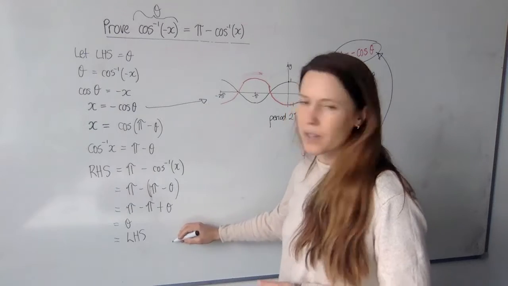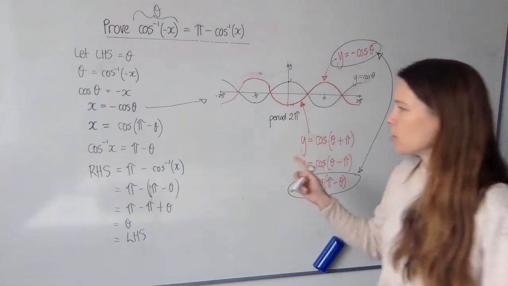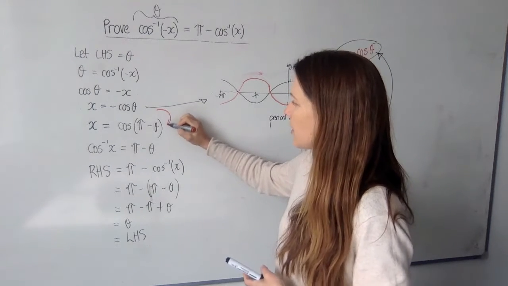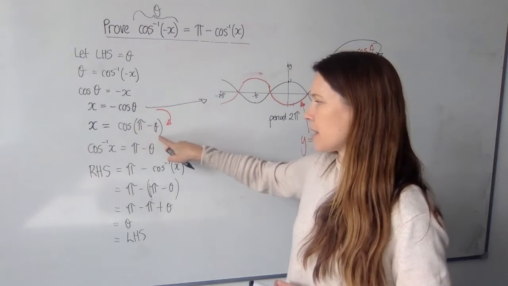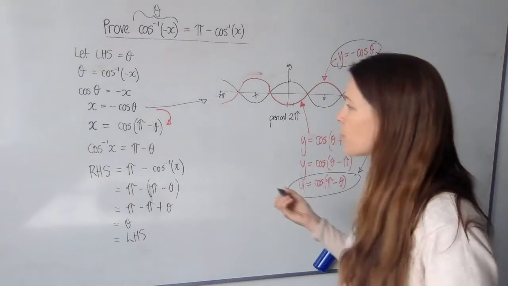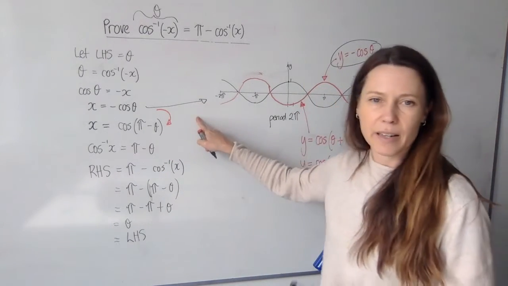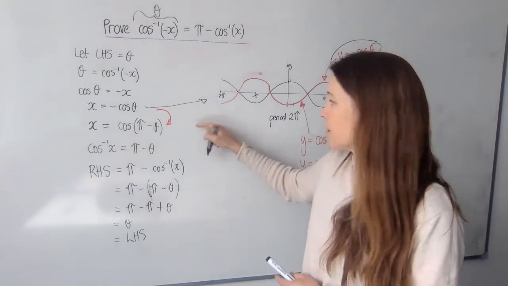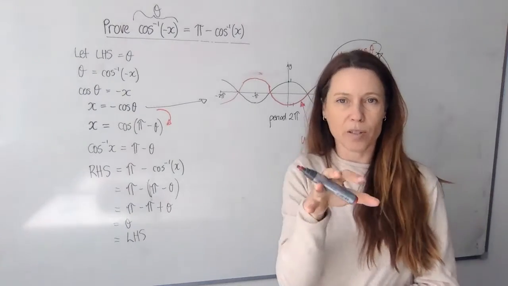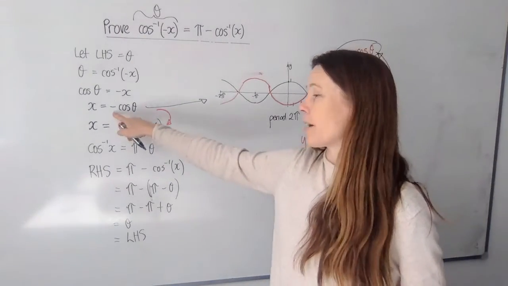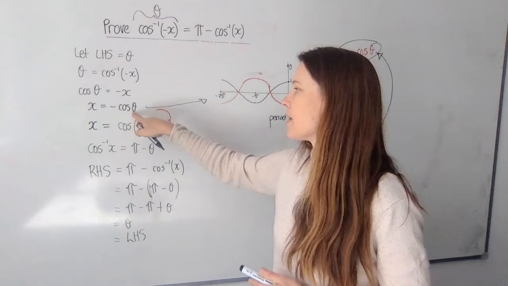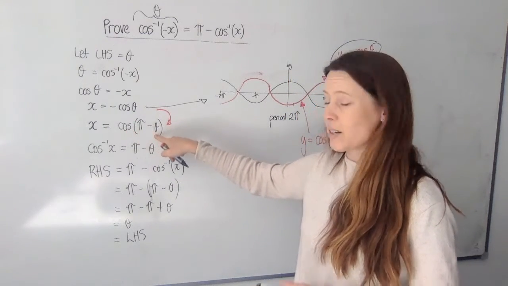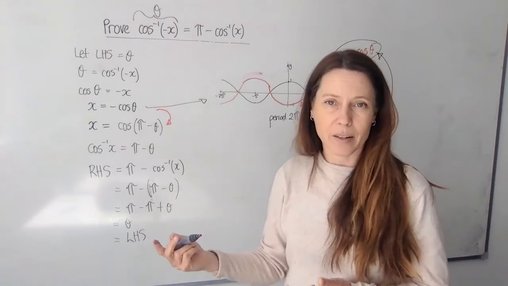So there's a few different ways of setting out the end part. Really the trickiest bit was going from here to here, working out that that is the same as that. Now there's lots of ways that you could prove that. You could even write a sentence that says next to this, because flipping y equals cos theta upside down to create y equals negative cos theta is the same as taking the cos of negative theta, or theta for that matter, and adding or subtracting pi to it.